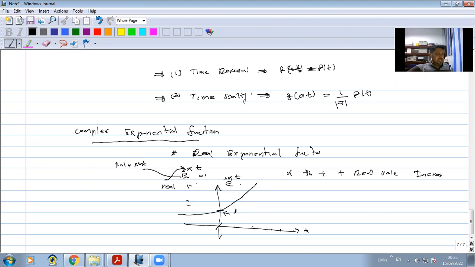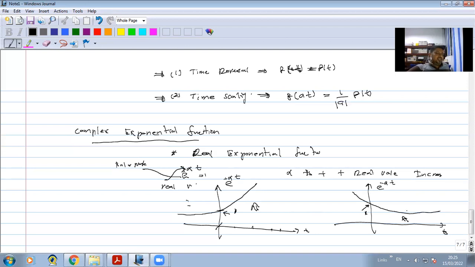When alpha is a negative value, that means e to the power minus alpha t, so it is like this, exponentially decreasing. And in the same manner, this value is 1. So these are real exponential signals: the exponentially increasing signal and the exponentially decreasing signal.